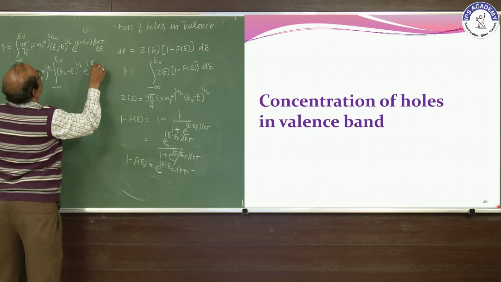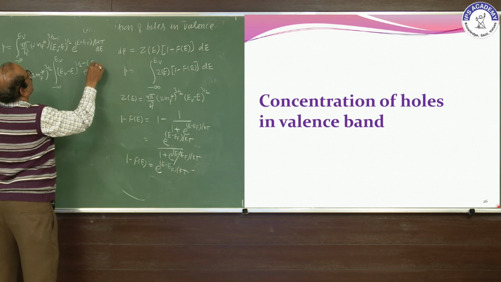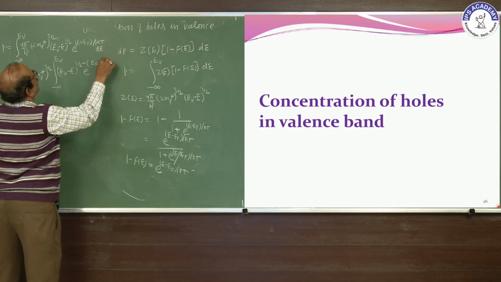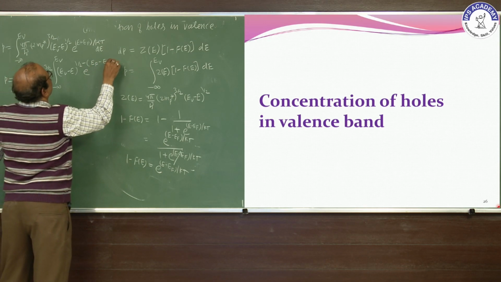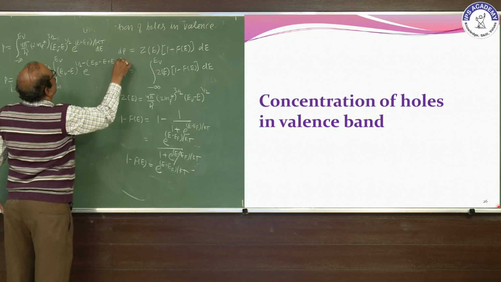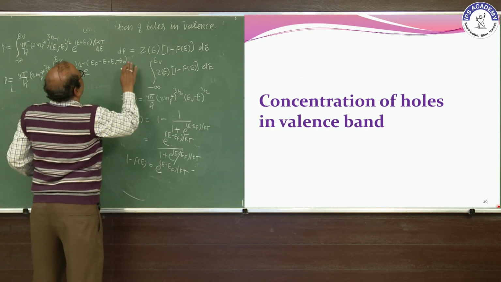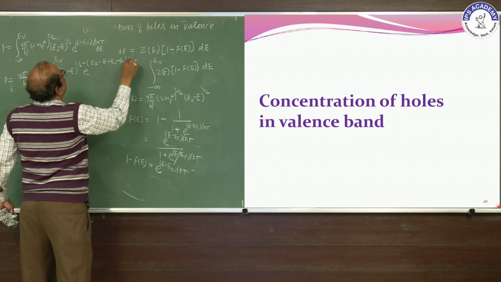We can also take minus outside, so we can write (EF minus E), and subtract the term EV, it won't affect the result, divided by KT, and dE.